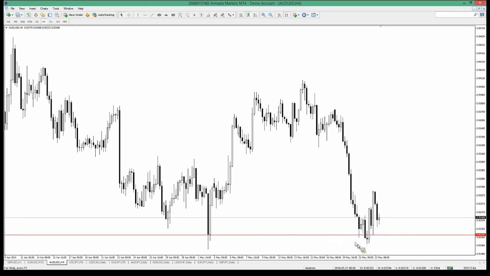And if I can give you guys a little tip, okay? You're going to have levels of support and resistance marked up, and obviously your levels may vary from mine.